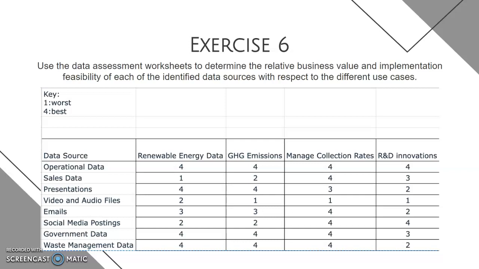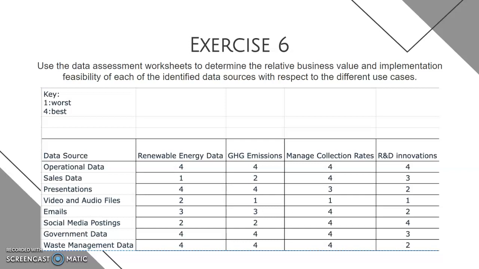And then also, we thought that video and audio files would be a pretty good data source. And so for that one, we had renewable energy data at a 2, and then the other 3 categories at a 1.